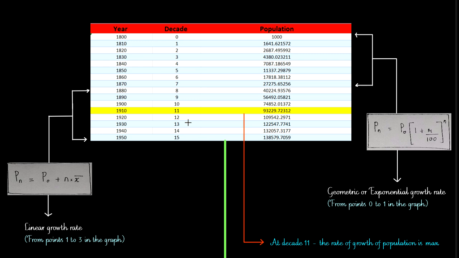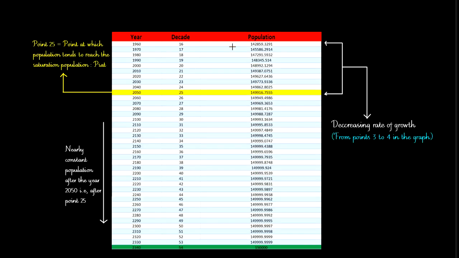So when you are presented with such problems and you are told to forecast for another 20 years, or else 2 decades or 3 decades, you can easily do that by using this linear growth rate method. So at last, moving to the next part of the table.